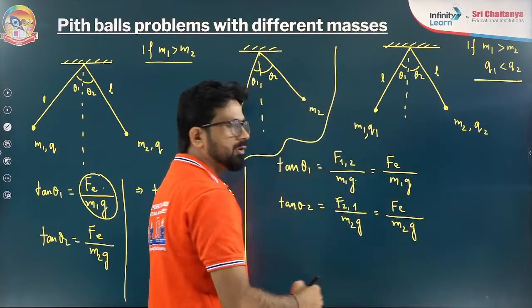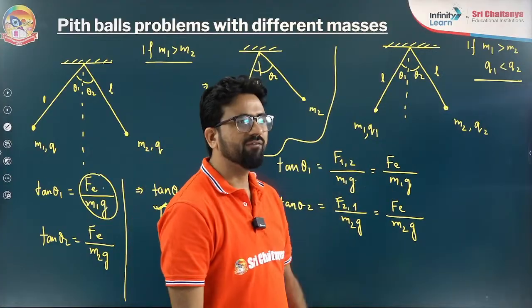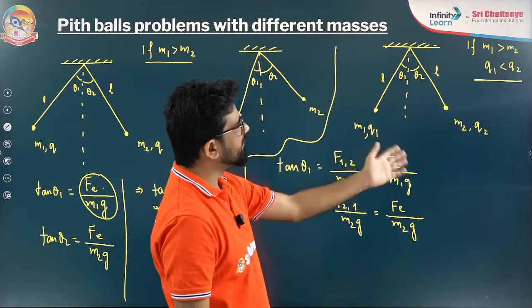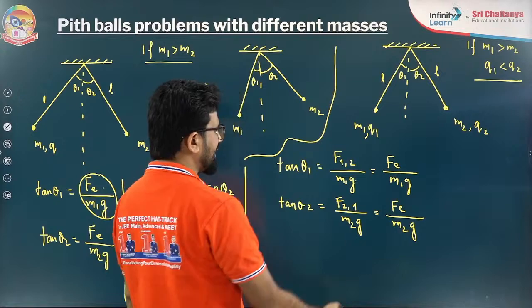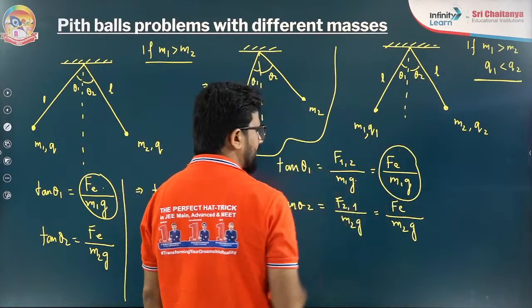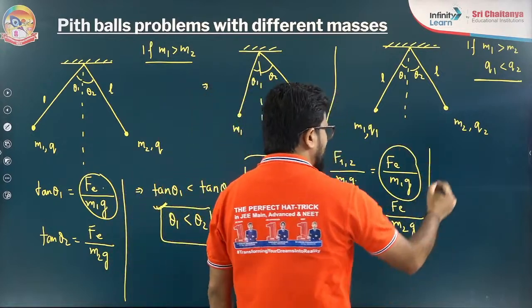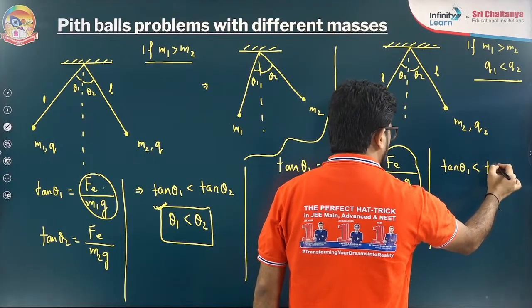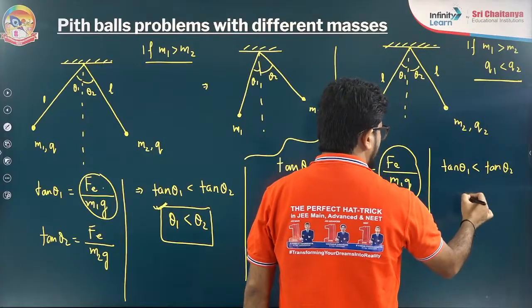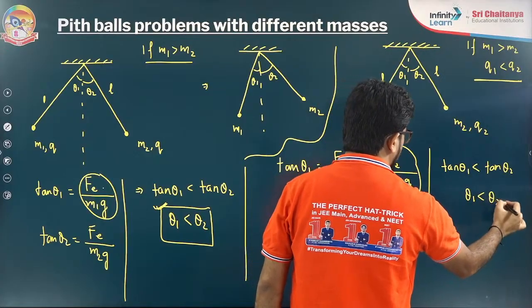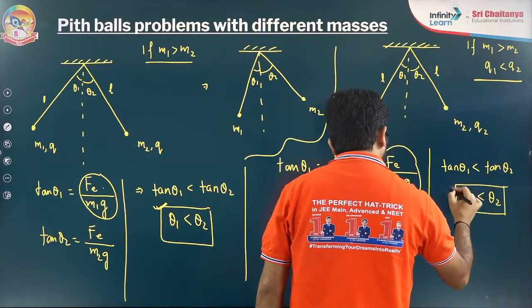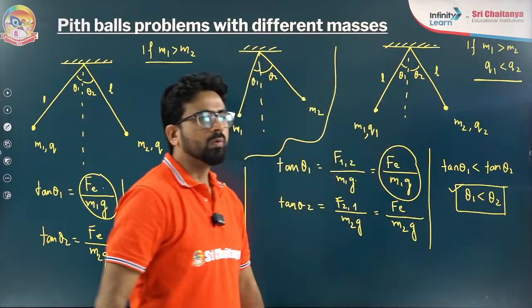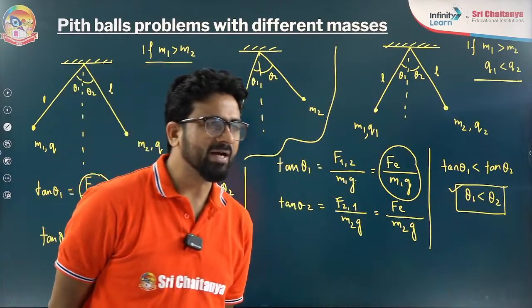Now we already know m1 is greater, that means this part becomes smaller. That means tan theta 1 is less than tan theta 2, so theta 1 is less than theta 2. That means which is greater? Theta 2. Clear or not clear, beta?